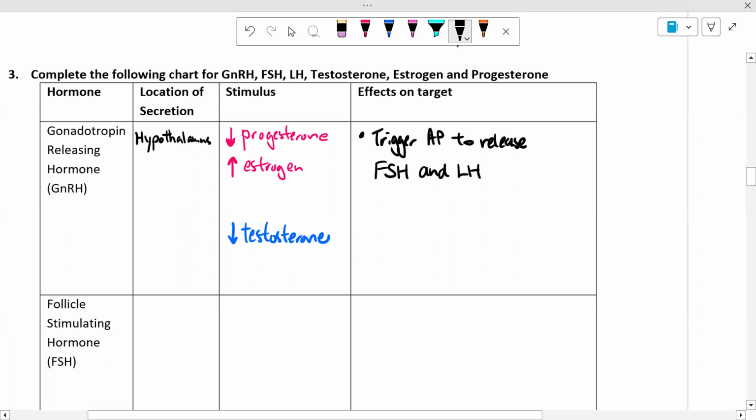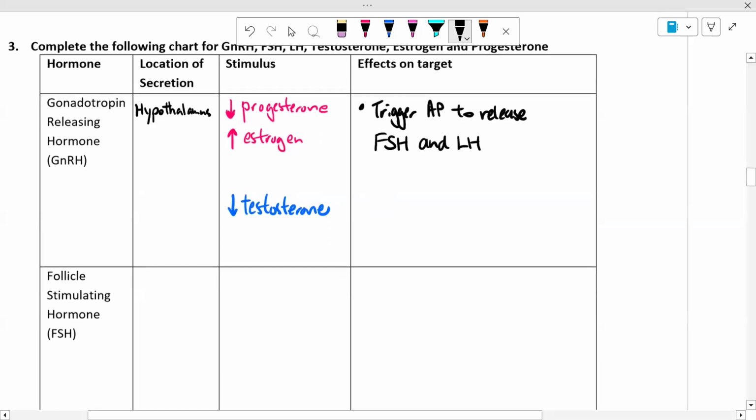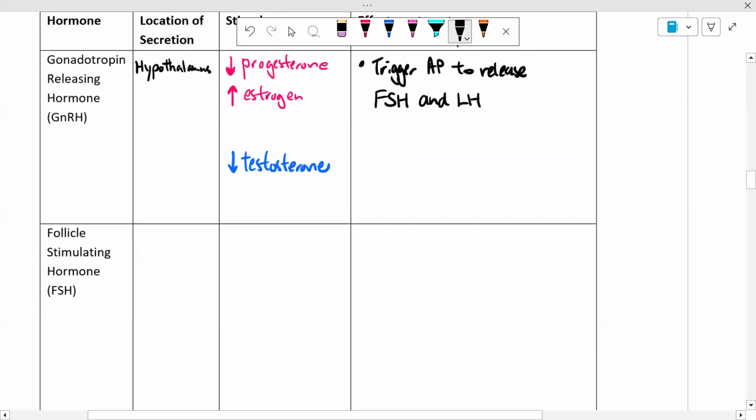All right, let's move on to follicle stimulating hormone. Where is it from? You can do it. Where is it from? The pituitary gland, the anterior pituitary gland.